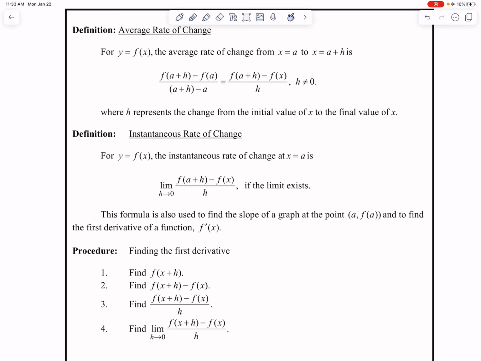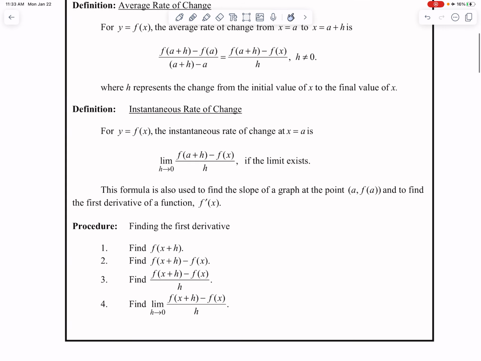We're looking at just one specific little point. So I always like to imagine, okay, I have some function and I'm only interested in one point. So if I'm looking at the rate at that one point, I'm interested in the slope of a line that includes only that one point, not 2 points.